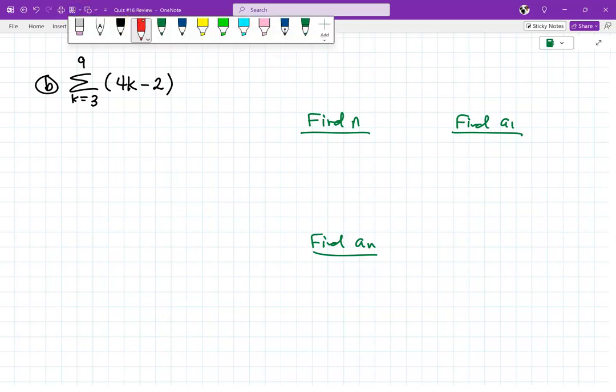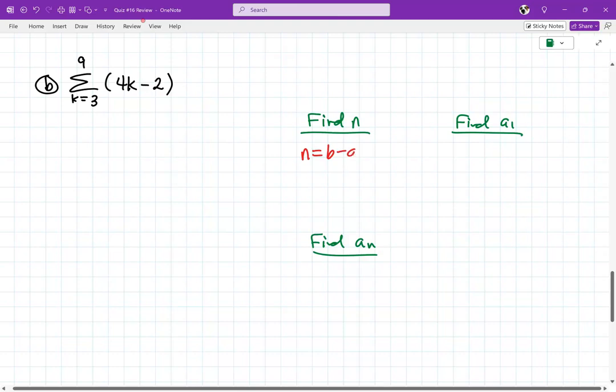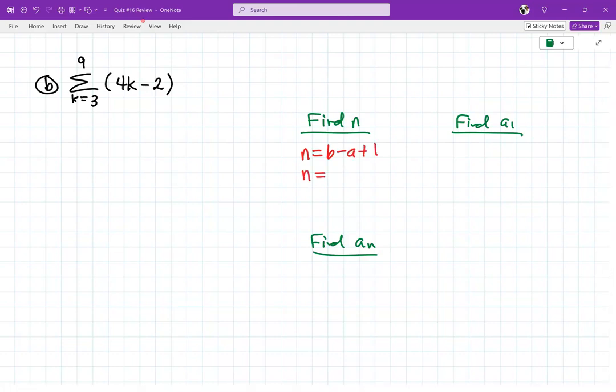Okay, n is b minus a plus 1. b minus a, that's 9 minus 3 plus 1. 9 minus 3 is 6. 6 plus 1, that's 7. Okay, so n is 7. Notice it's not 9. It's not the top number. It's 7.